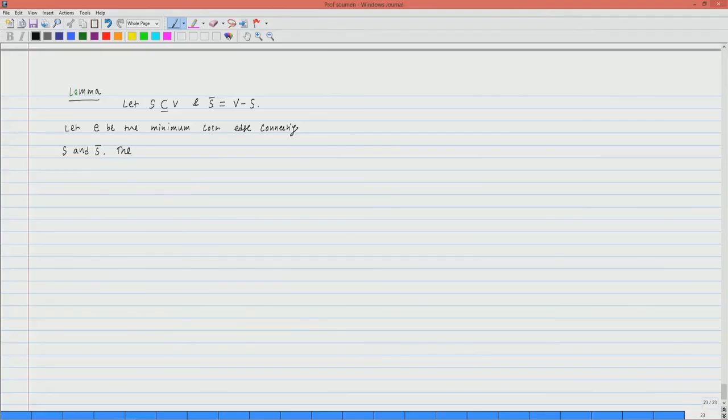Then this result says that E is part of the MST. Okay.